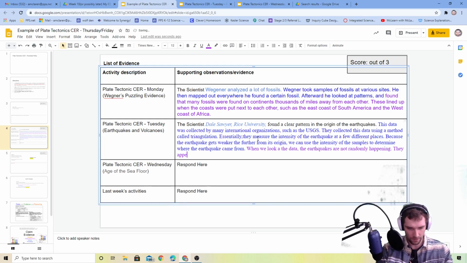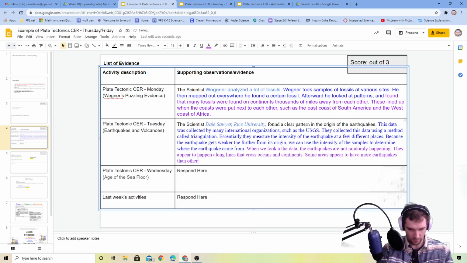They appear to happen along lines that cross oceans and continents. Some areas appear to have more earthquakes than others.